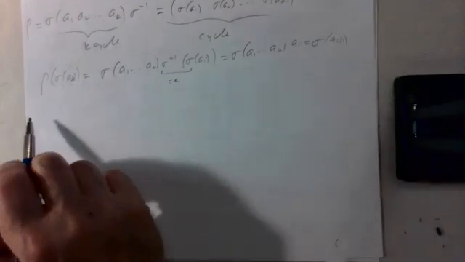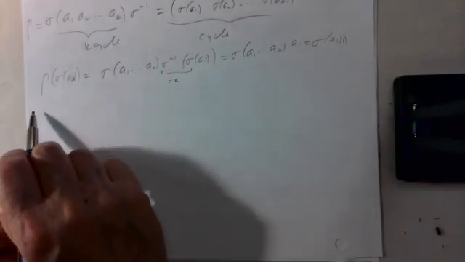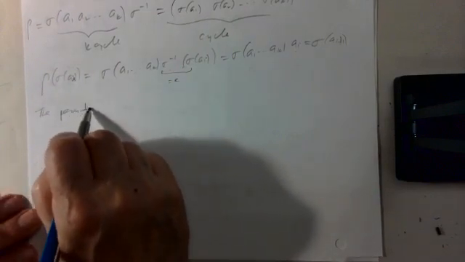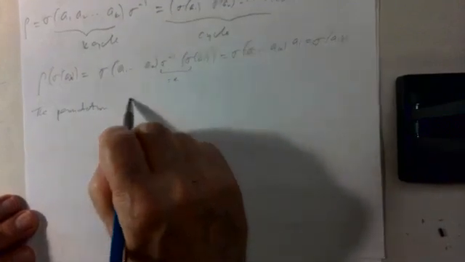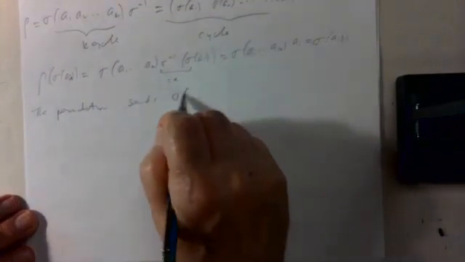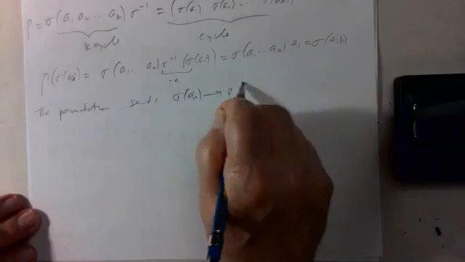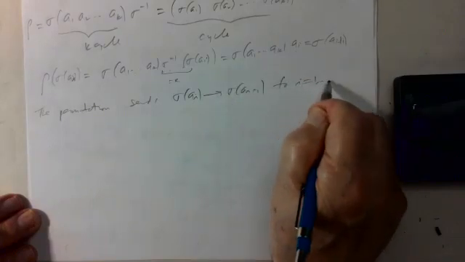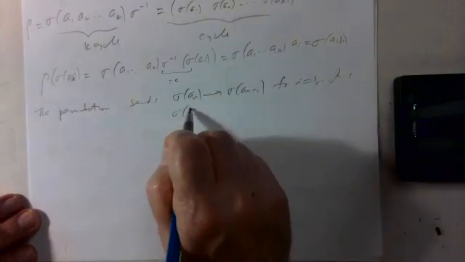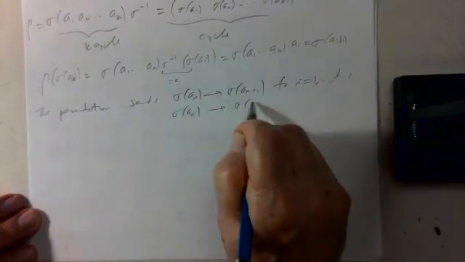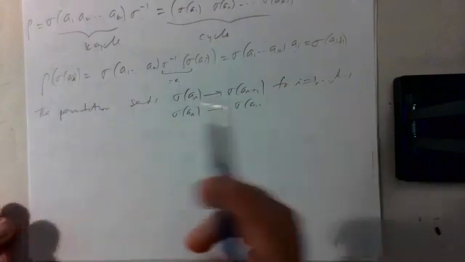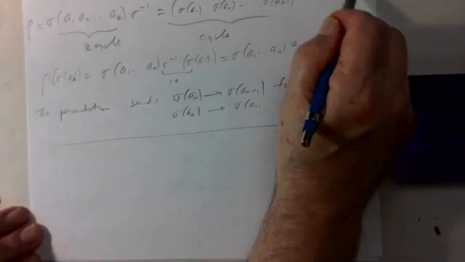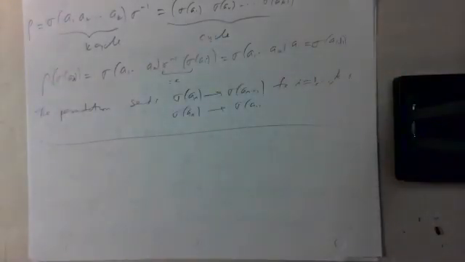So this permutation sends sigma of Ai to sigma of Ai plus 1 for i going from 1 up to k minus 1, and sigma of Ak gets sent back to sigma of A1. So this is all we have to do. This is the calculation, if you like.